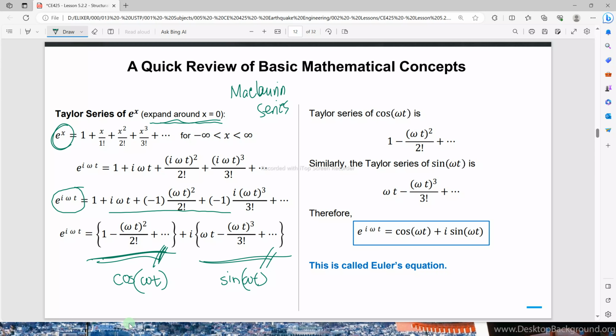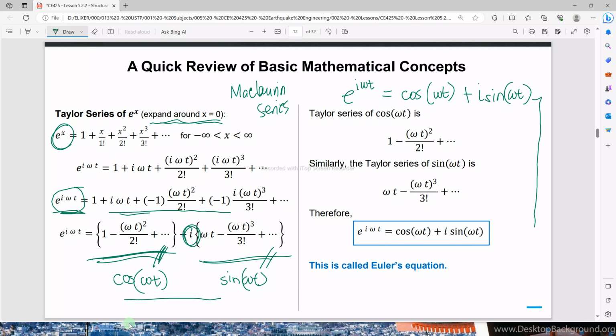So since e to the i omega t is equal to this function, we can rewrite it as e to the i omega t is equal to cosine omega t plus, don't forget the i here, i sine omega t.